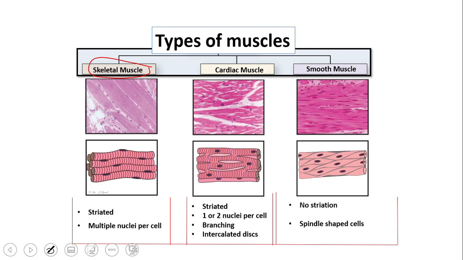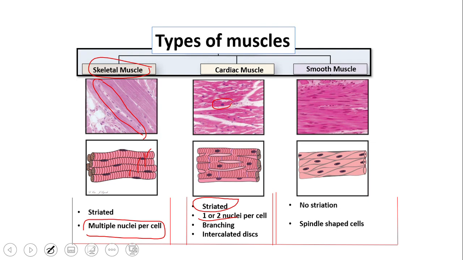If you look under the microscope at the skeletal muscle cells, you will see that the cells are long and each cell has multiple nuclei. Also, they are striated under the microscope. So they have striation. Then in the cardiac muscle, you can also see striation, but the cells are shorter and each one can have one or two nuclei only.